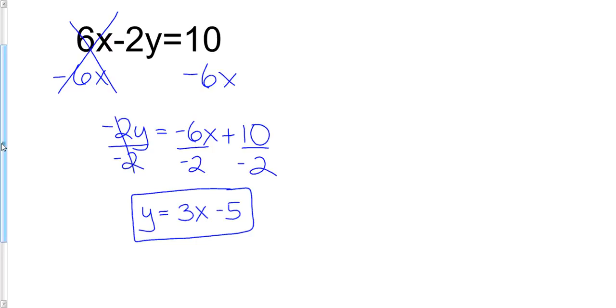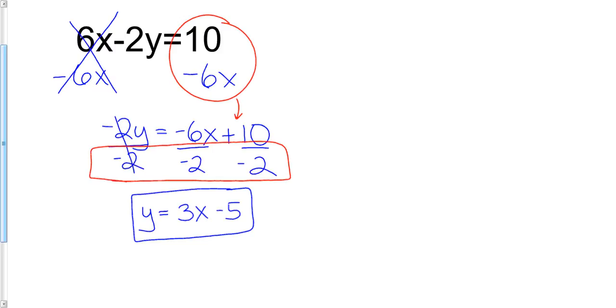If you're using this method, please make sure you don't combine like terms. Make sure when you rewrite it, you have the two terms. And then when you divide everything by -2, make sure you actually divide everything by -2. The mistake that students make here is they often forget this one here at the end, and so they get the wrong y-intercept.